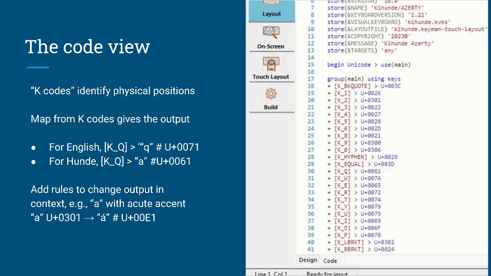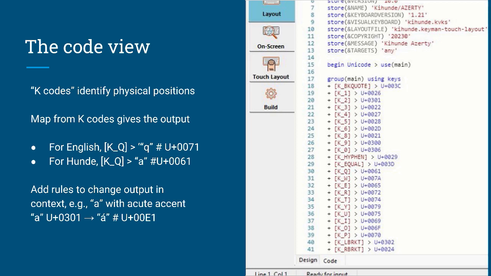So KQ describes that row and column on the physical keyboard. And in English, the content of the KQ key would be the lowercase q. And for the Hundi, we would make that into an A because it's Azerty based, and they would have different outputs. And this is just part of that table, which is actually generated when one builds a layout.